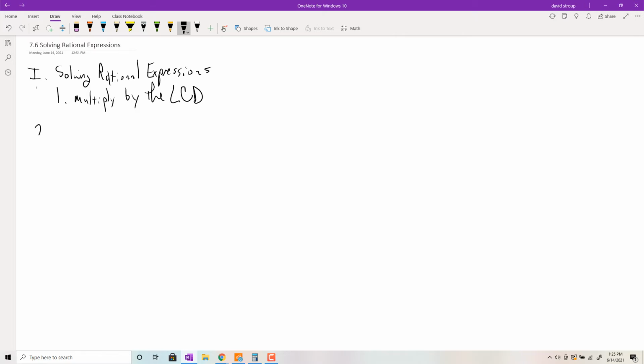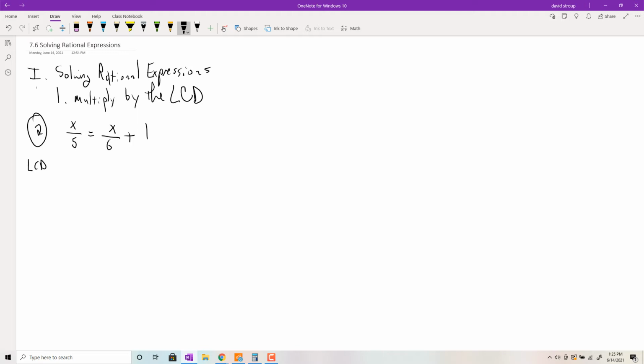Okay, so let's take a look at what we're up against. We have x over 5 equals x over 6 plus 1. So the LCD, the least common denominator of these fractions, I'll note that first. Basically, it's the least common denominator if you're going to add these three terms together, x over 5, x over 6, and the 1.